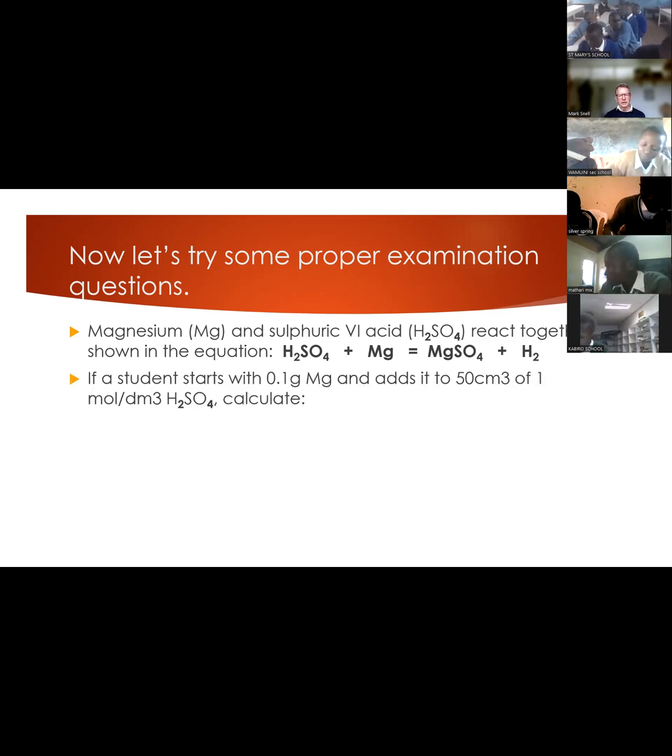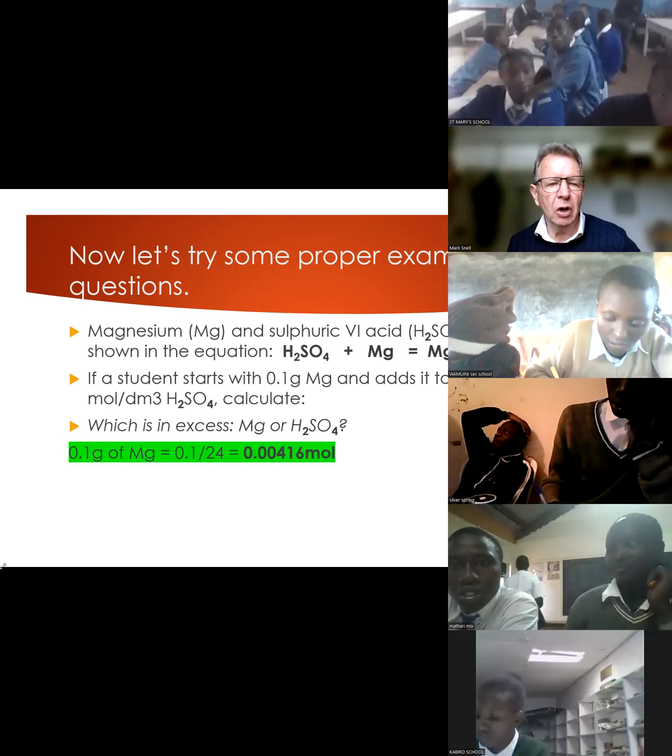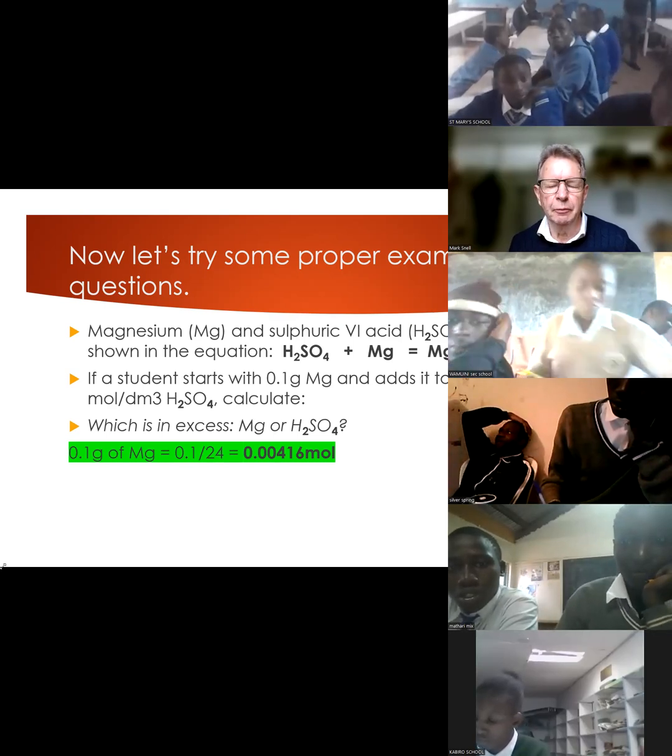So this is the first part of the question. For magnesium, it is grams over RAM, which is 0.1 over 24, which is 0.00416. That's the moles of Mg.